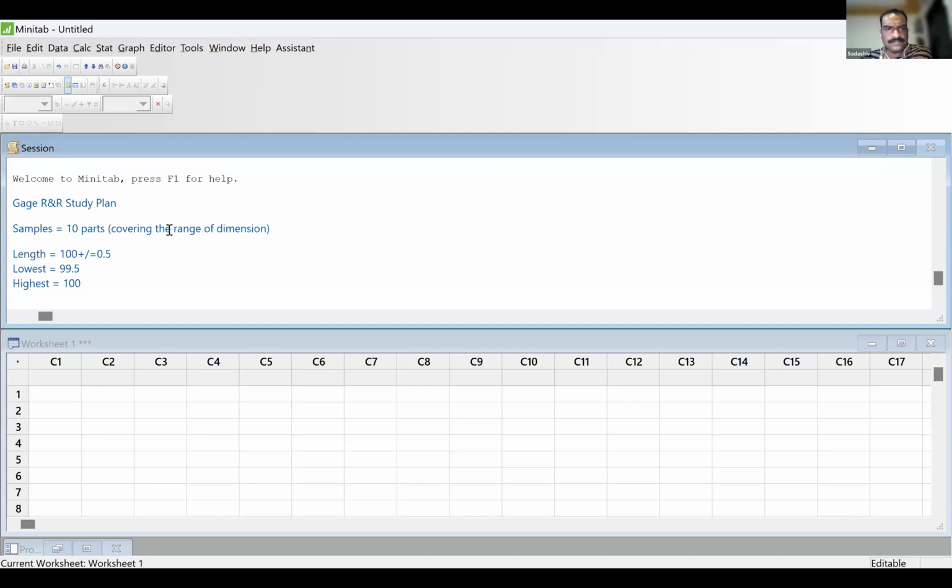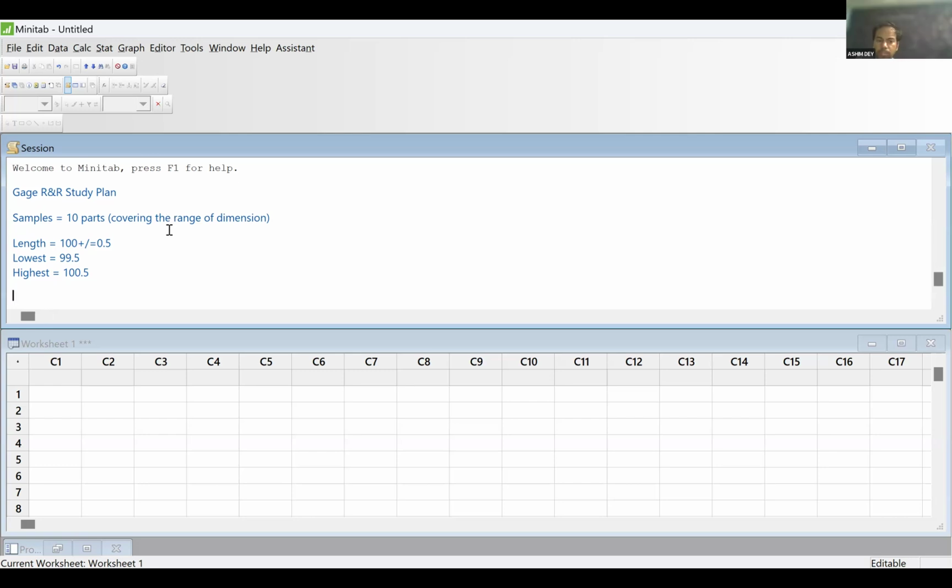Now you have to choose 10 parts covering the range from 99.5 to 100.5. Do you understand? You need not take parts below 99.5 and you need not take parts above 100.5. All your 10 parts should be within the range. Clear, all of you? Yes.